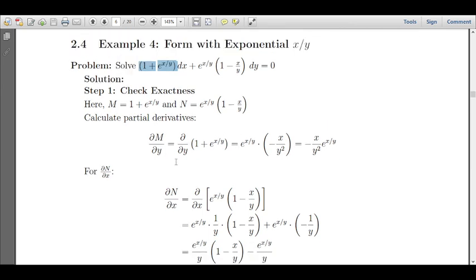∂M/∂y equal to ∂/∂y of (1 plus e power x by y). Now 1 constant, differentiation 0, and ∂/∂y of e power x by y. Here remember that with respect to y, the constant term is x and the variable term is 1 by y, right?